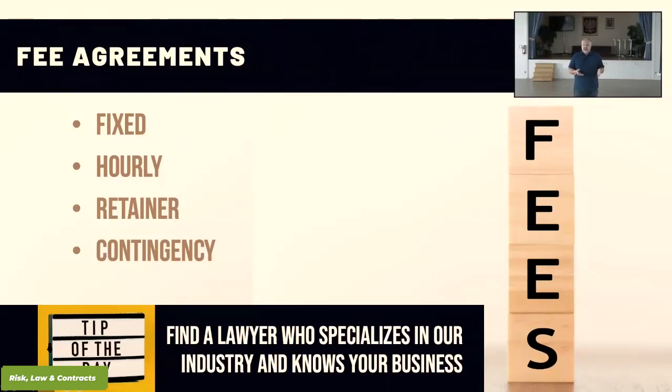It's a set fee, right? So it's pretty easy to do. Typically on a slip and fall, it's typically an hourly rate, right? Because they don't know how long it's going to take. If you're needing maybe to sue someone, then they may do a contingency for you, that if you win, they'll take a certain percent of that. So again, depending on what your situation is, what you're looking for, they'll tell you up front what it is.